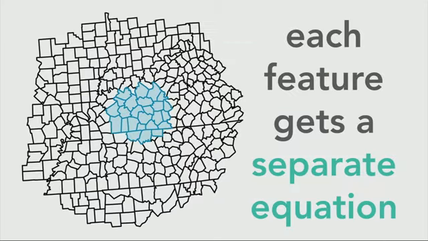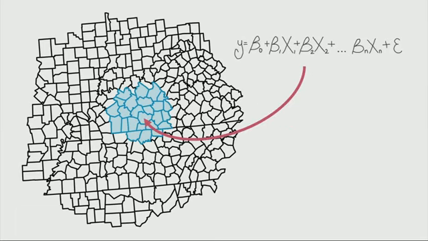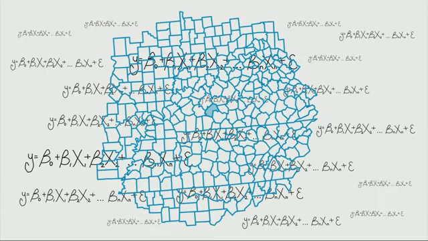GWR, each feature gets its own separate equation, and that equation is calibrated using only the data from your neighboring features. So the coefficients in one part of your study area are going to vary from the coefficients in another part of your study area. Each feature in your study area is going to get its own equation.